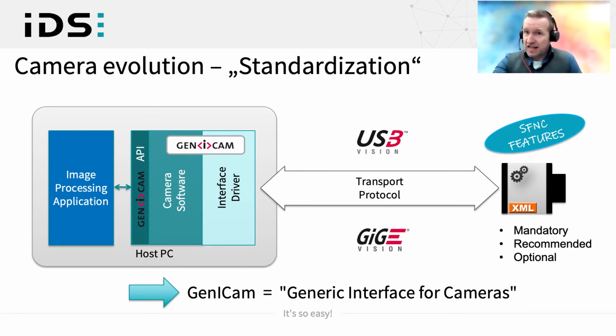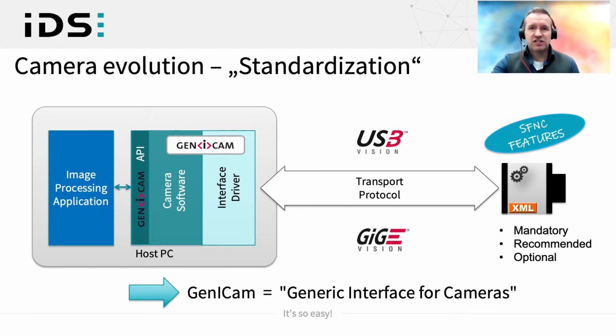With the standard feature naming convention, the scope of functions, function names, and the behavior of the camera have also been defined and standardized. In addition to a mandatory range of functions, there are also other important, the recommended and optional functions.